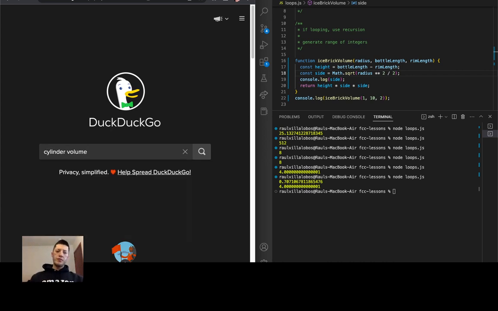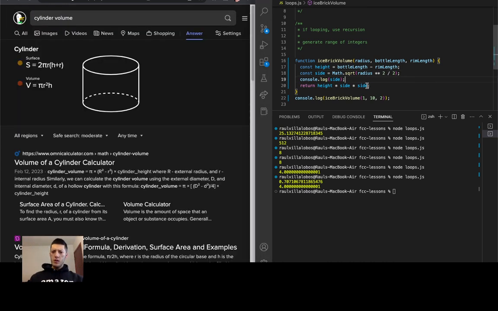Cylinder volume. That's the height. We already have a height. Let me just check something real quick, let me see if I'm not tripping.